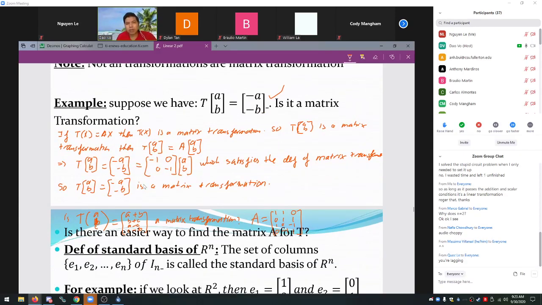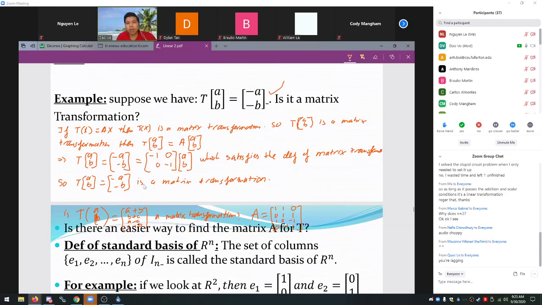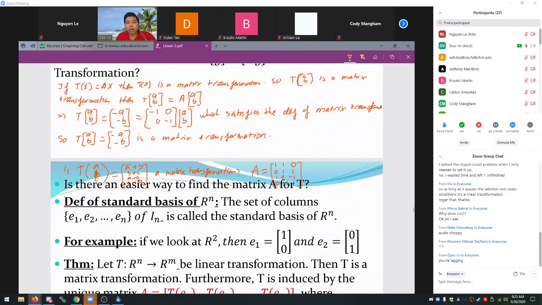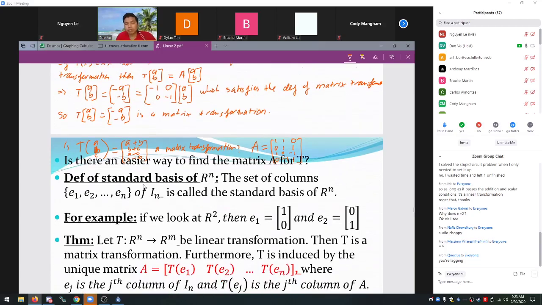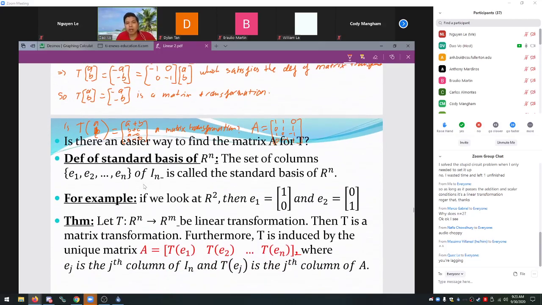And that easy way for us to find the matrix A depends on the definition of the standard basis of R sub n. So what is the standard basis of R sub n? The standard basis is the set of columns E1, E2, up to En of I sub n, where I sub n refers to the identity matrix.